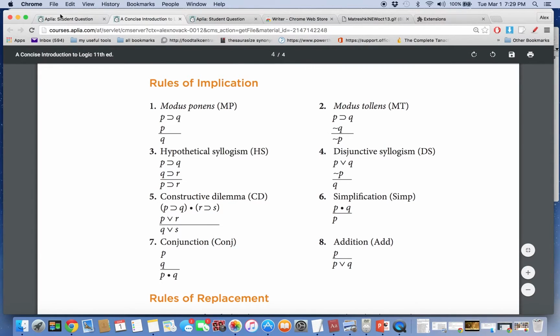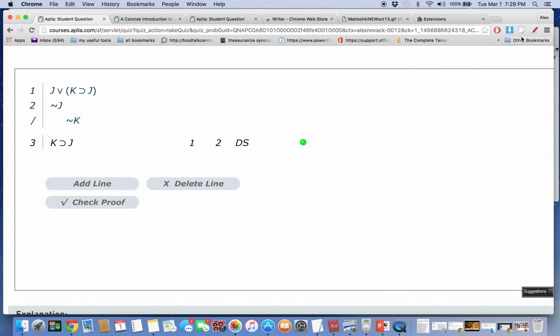So this time we are thinking of this chunk to the left of the main operator horseshoe as corresponding to the label P in the blueprint for the rule. This chunk to the right of the main operator horseshoe corresponds to the label Q, in the blueprint for the rule.